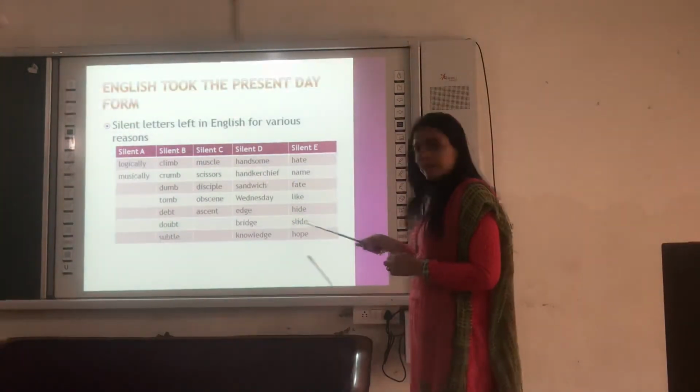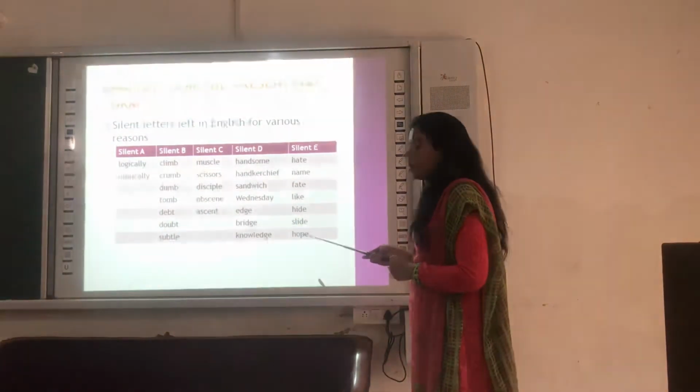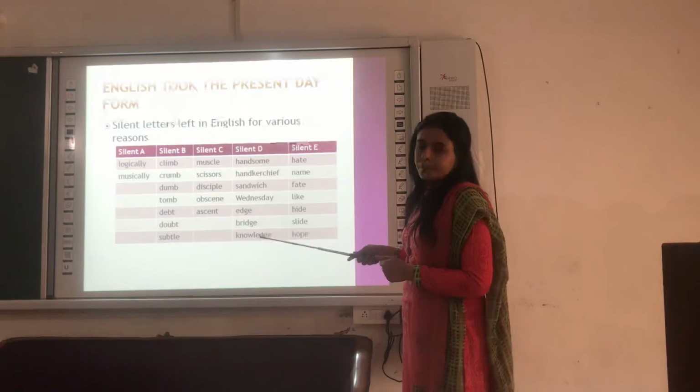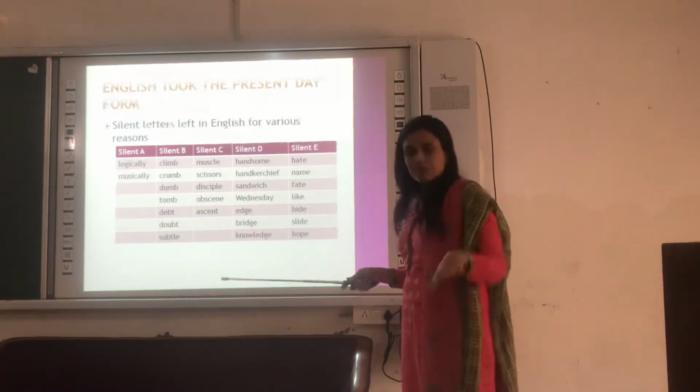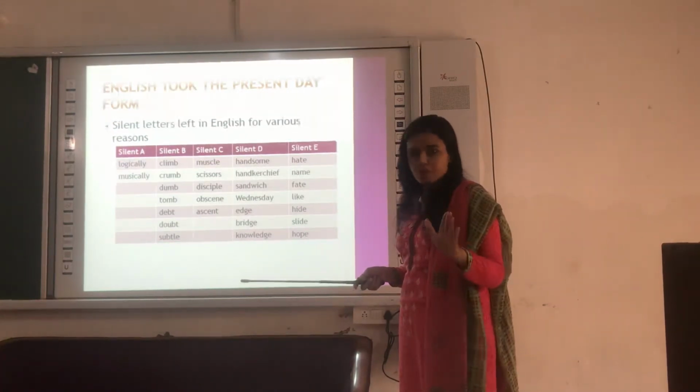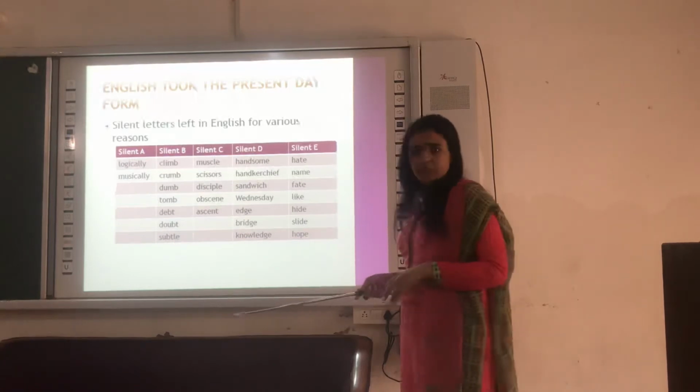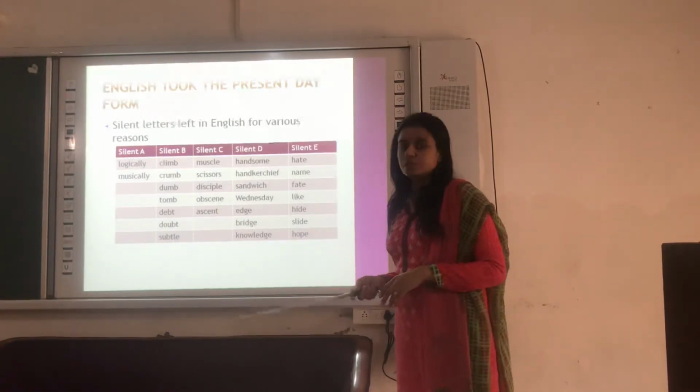Similarly, slit with slide, hop and hope. H-O-P, without E at the end, hop, short O sound, and H-O-P-E, hope, long O sound.